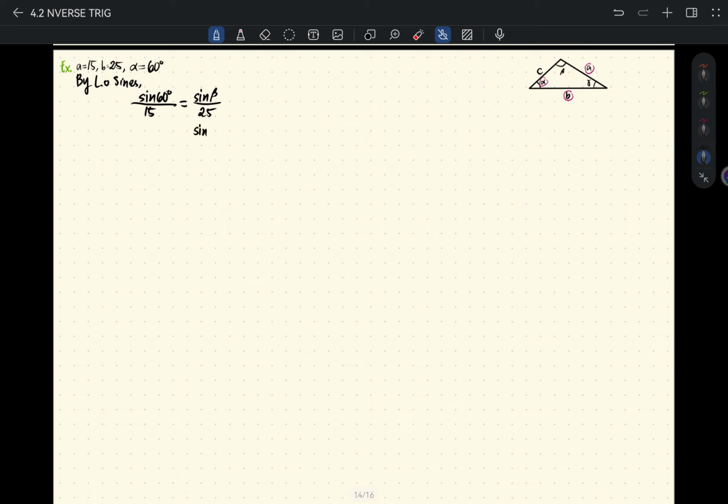So this gives us sine of beta equals 25 over 15 times sine of 60 degrees, that's square root of 3 over 2.